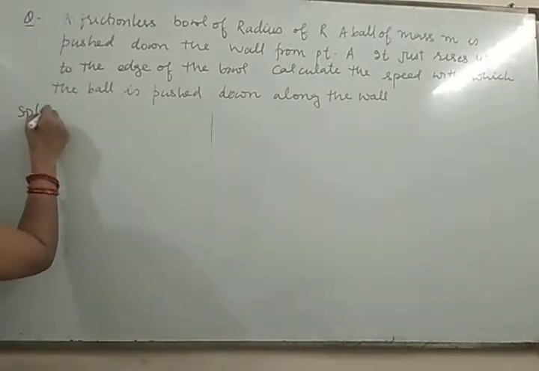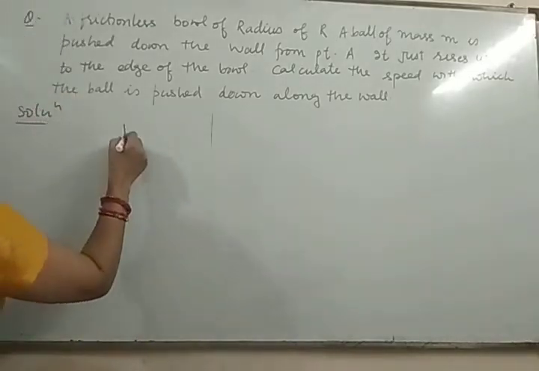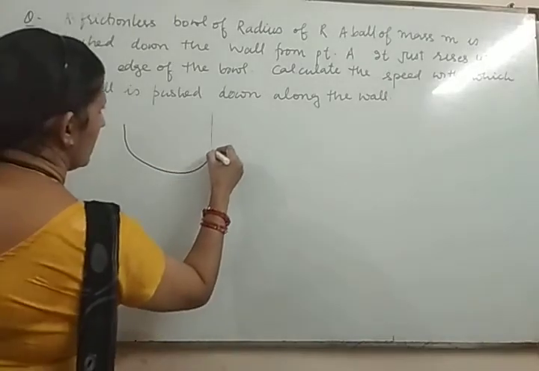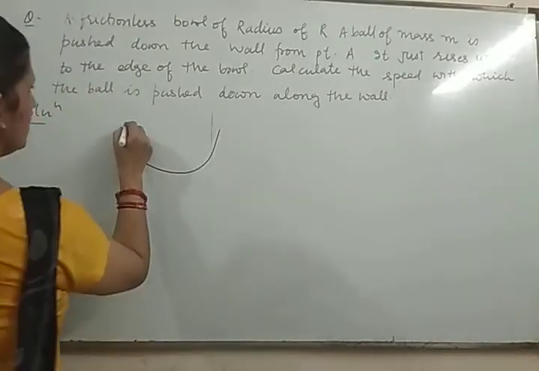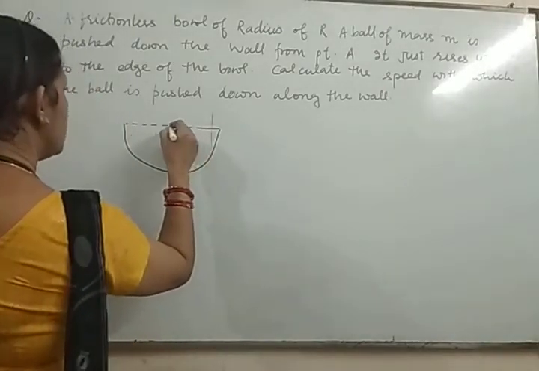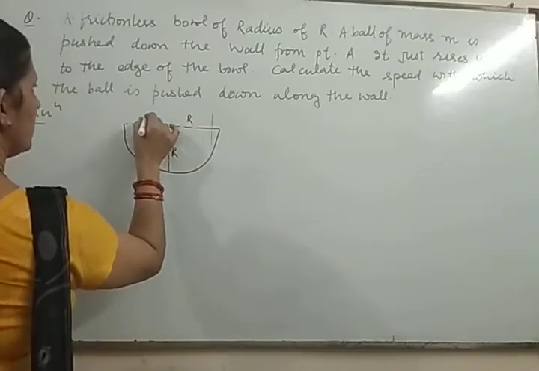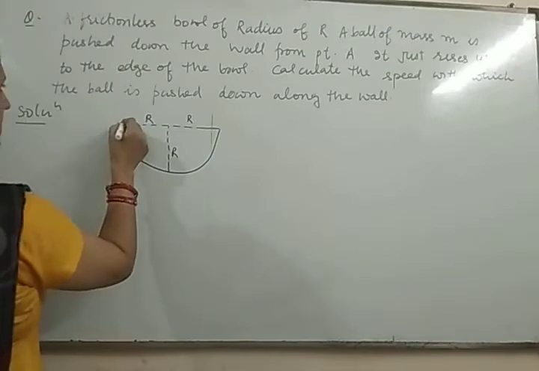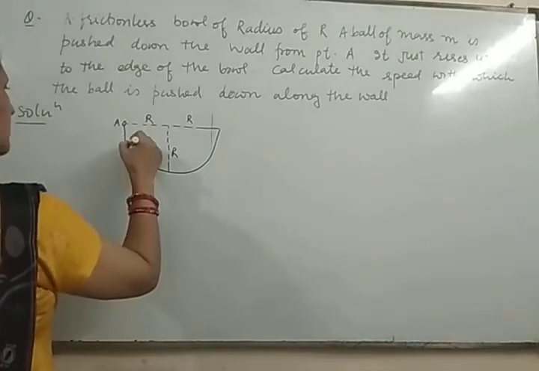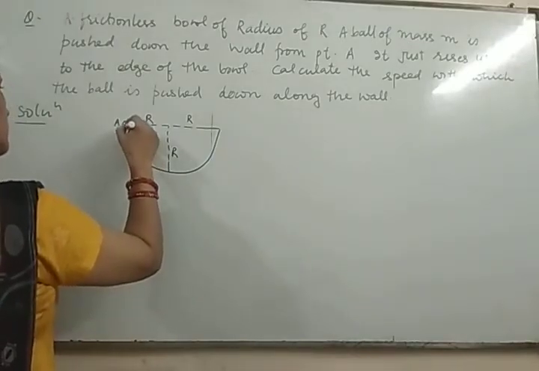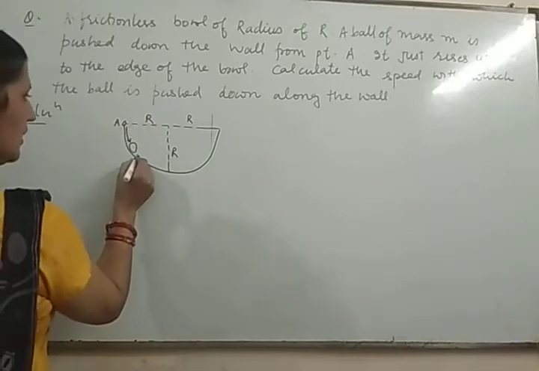So what is given to you? First, imagine a hemispherical ball is given to you, and R is the radius of this ball. So you can write R like this. This is point A, from where the ball is released, and the ball is moving along this path.